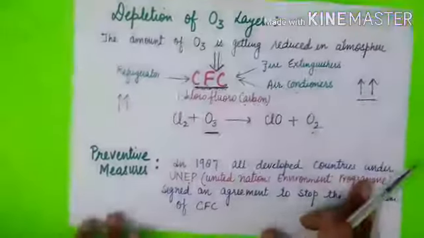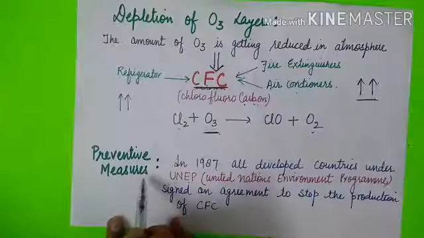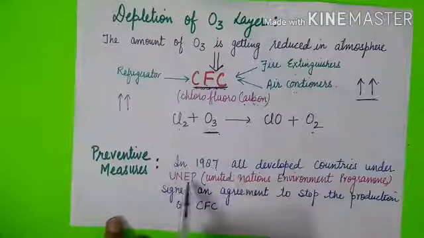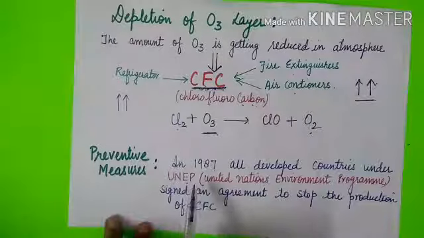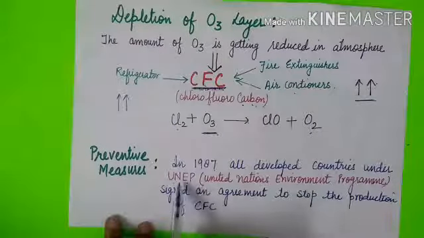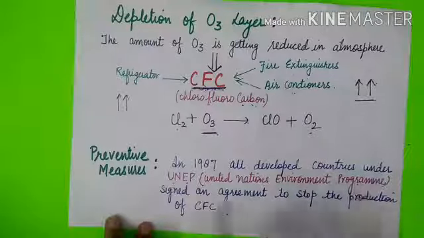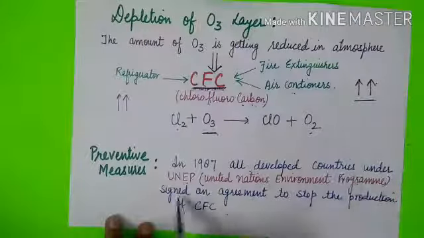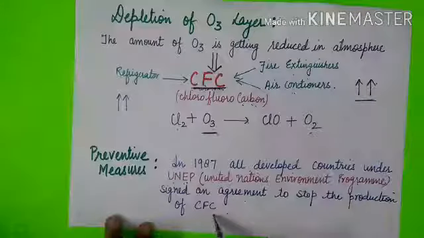Now I will tell you about the preventive measures taken by the government. In 1987, UNEP, the United Nations Environment Program, was the organization. Under this program, all developed countries signed an agreement to stop the production of CFC.